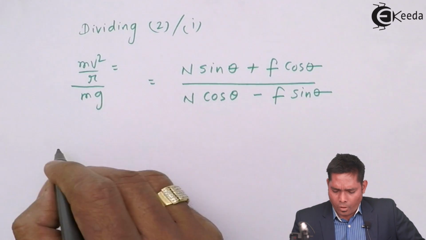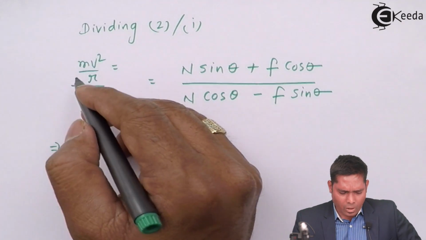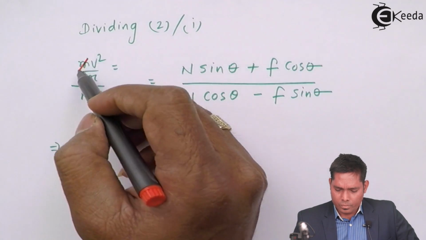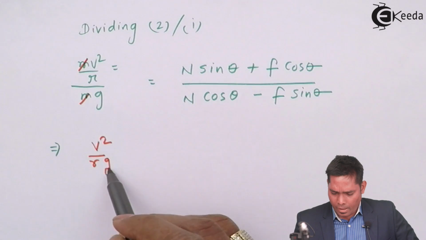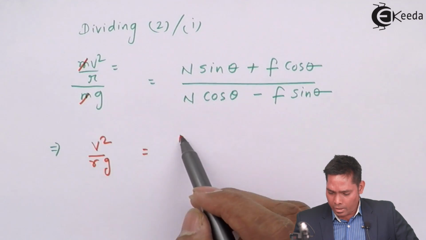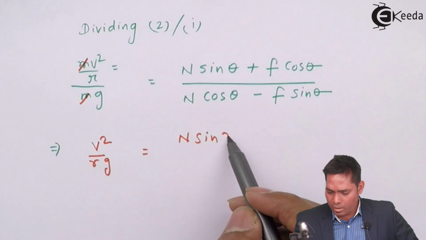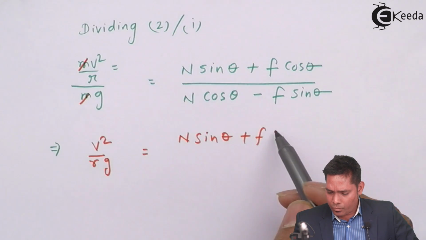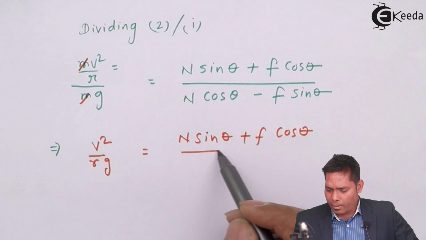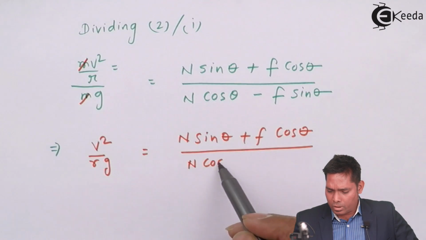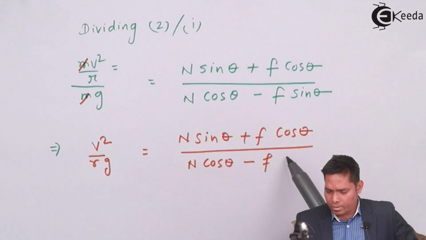So from here m will cancel out, this side will be v square over rg, and this side it will be n sin theta plus f, this is the frictional force, f cos theta divided by n cos theta minus f sin theta.